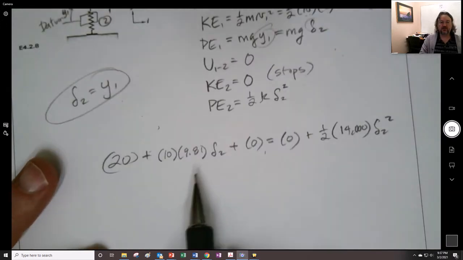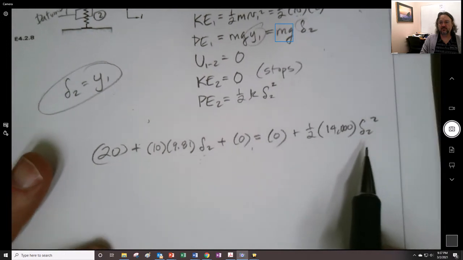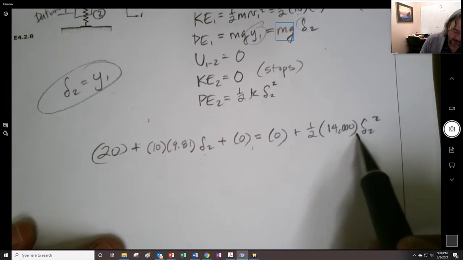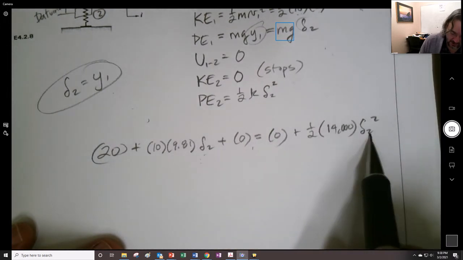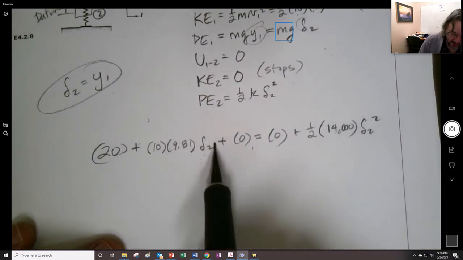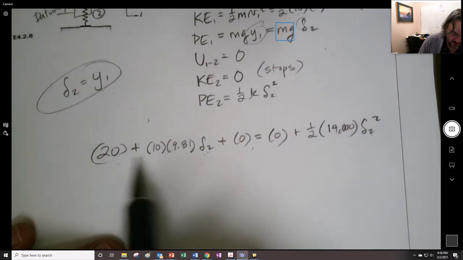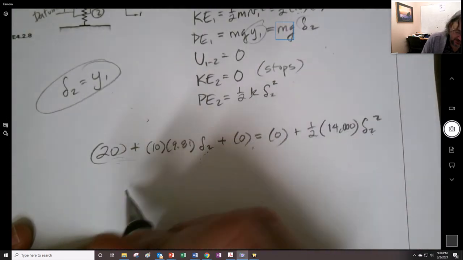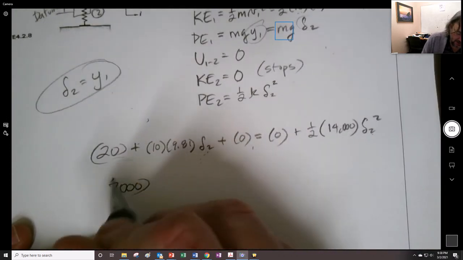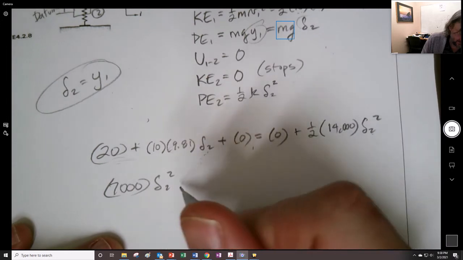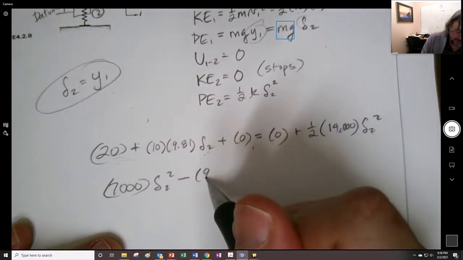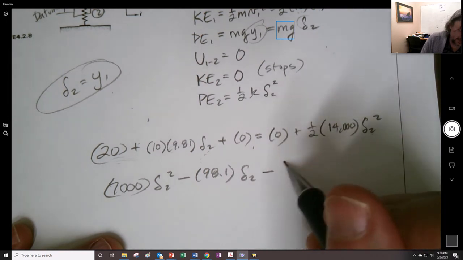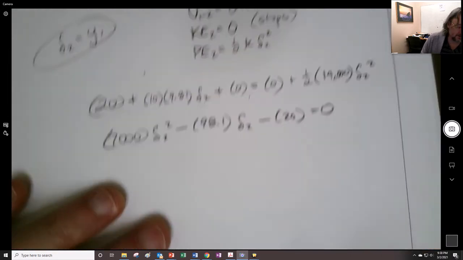You take a look here, and here's a scenario that I might have alluded to in a previous problem, where we're going to have a quadratic equation, right? This squared plus something times this plus or minus some type of constant right in here. So if I mess around with this thing, I'll write it in a standard format here. 7,000 del 2 squared minus 98.1 del 2 minus 20 equals 0.